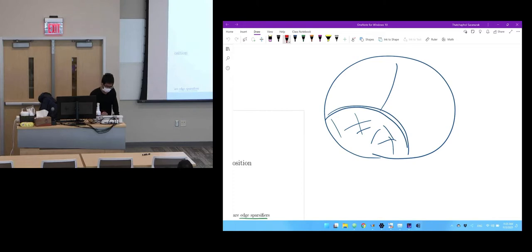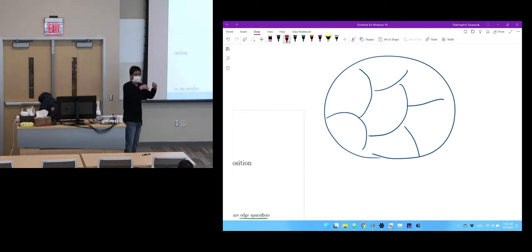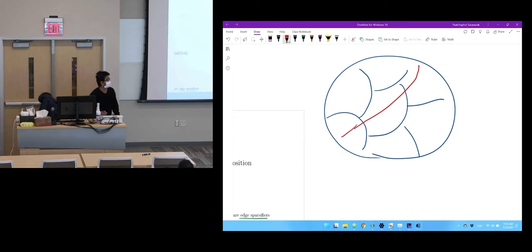Intuitively, if you have any min cut, what you expect is that, let's say the expander decomposition is like this. Roughly speaking, the min cut should respect this partition. It shouldn't just cross some expander like this, just because in an expander there should be a lot of edges crossing it, right?